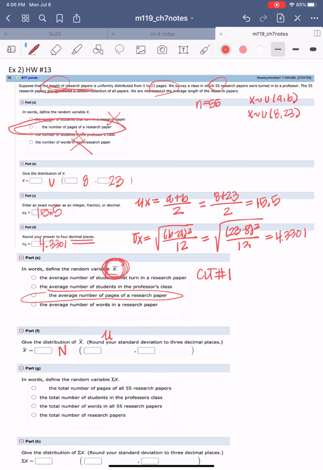The first number was the mean, and the second number was sigma over square root of n. These all come from the x. So the mean will be the same, 15.5. The standard deviation will be 4.3301 divided by square root of 55. Asking you to round it to the 3rd decimal place, I'm getting 0.584.